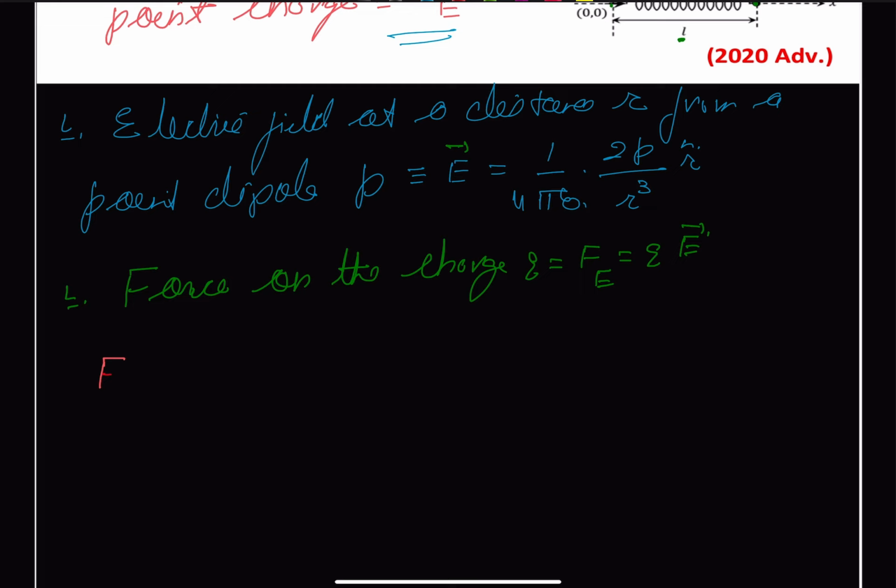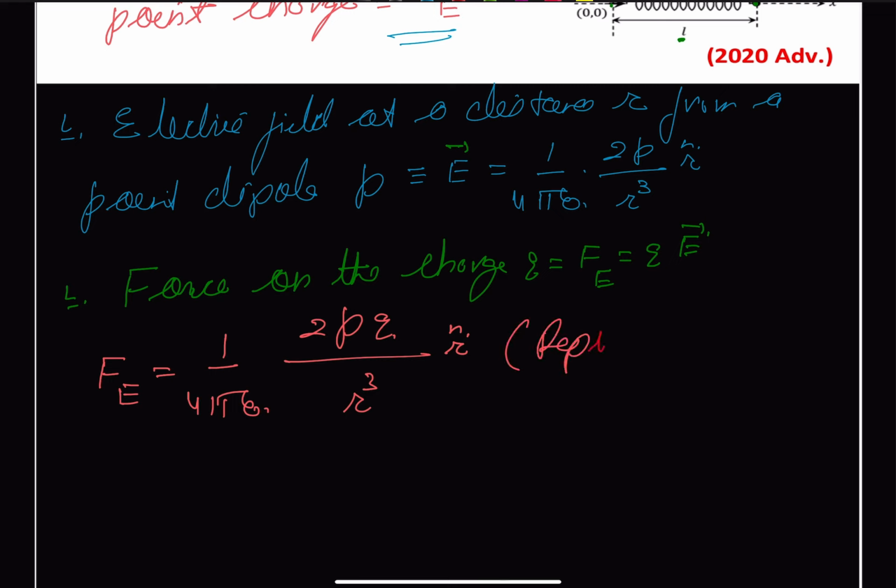We get the force due to the electric field equal to 1 upon 4 pi epsilon naught, 2pq upon r cube, times the r unit vector. And this will obviously be a repulsive force.